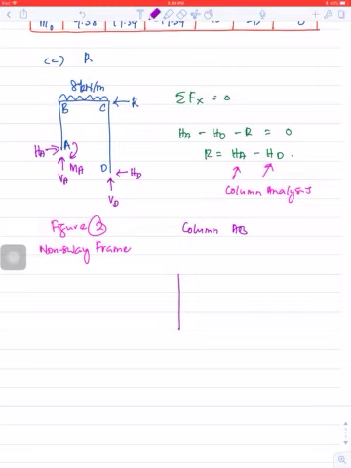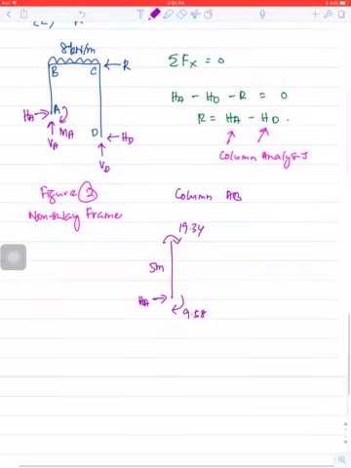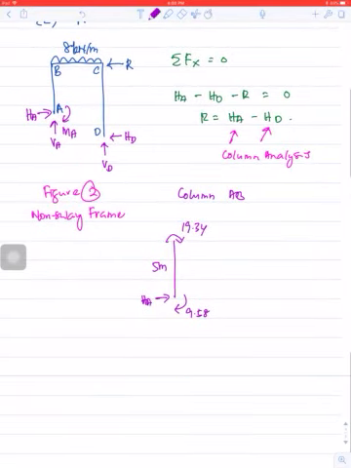We take out only column AB. In column AB we have moment MAB, we have HA, we have moment with value 9.58, and we have MBA also positive 19.34. We have a 5 meter column. So this is A and B.